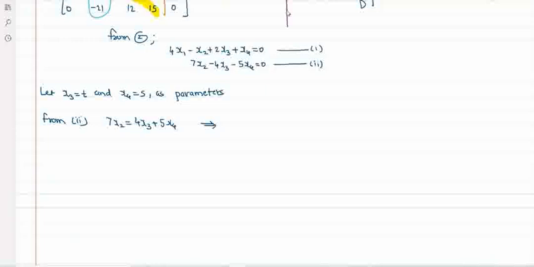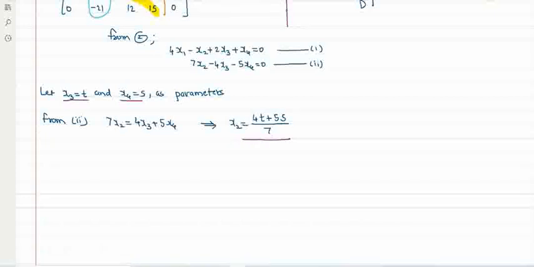This implies x2 is equal to, dividing both sides by 7 and substituting the parameters, 4 times t plus 5 times s divided by 7. That is x2.